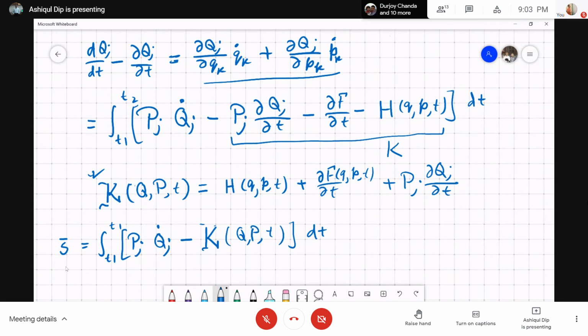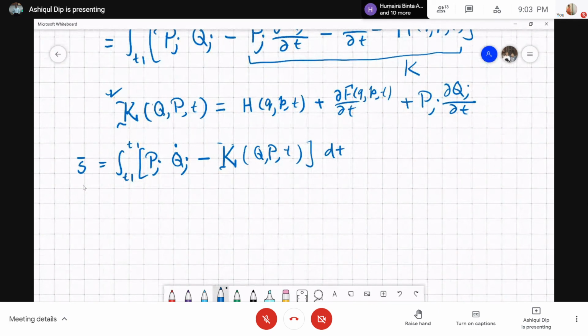Okay, so if you vary that, what do you get? I can put the variation inside the integration.